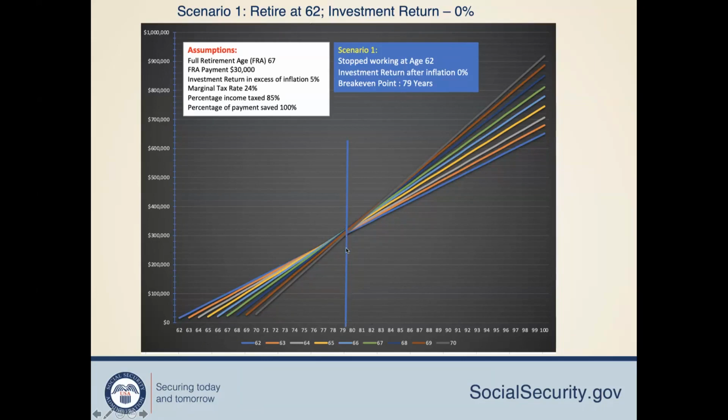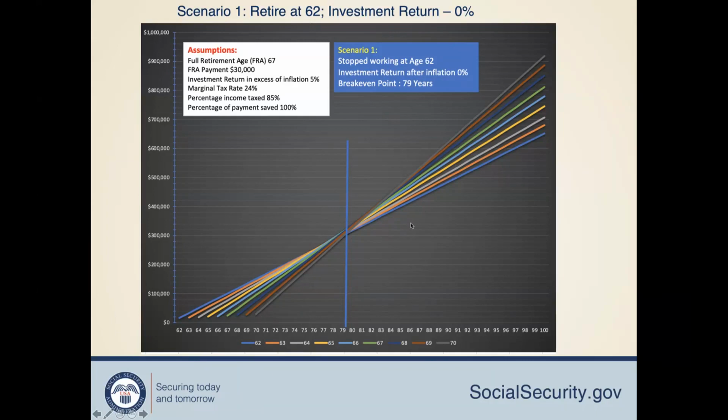So that means I sent you that thing where you estimate your longevity. As long as it shows beyond 79, then assuming that you are not getting any investment return, 79 is the break-even point, and you are better off waiting and claiming later.